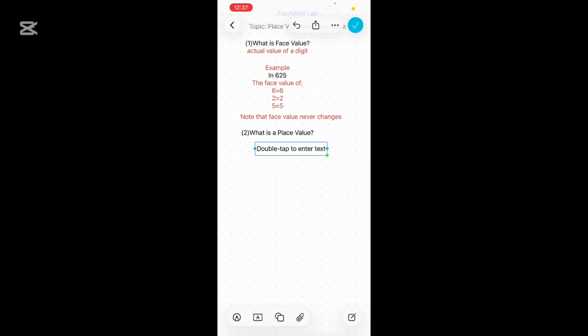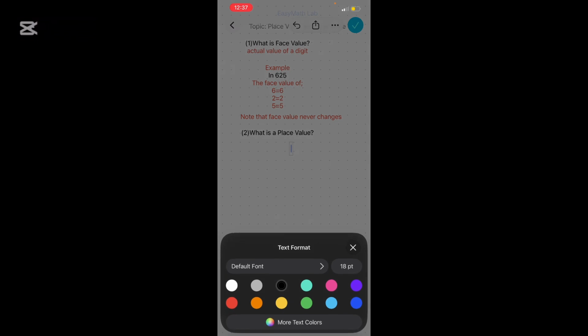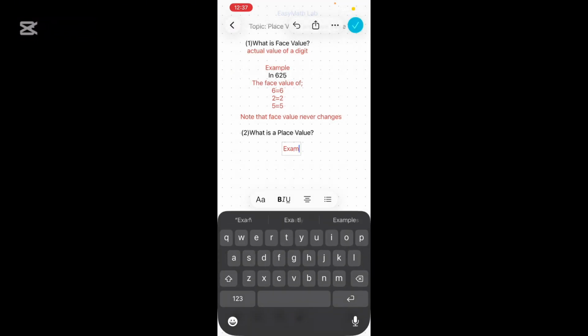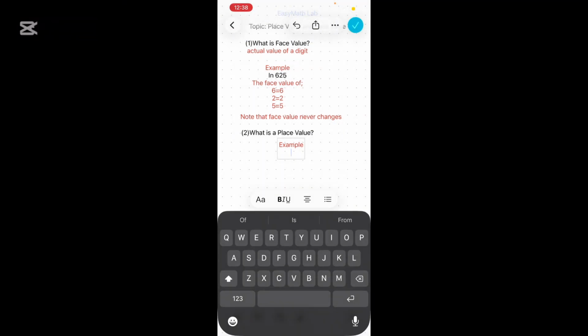We'll be using the same example we used for face value. Example: 625.